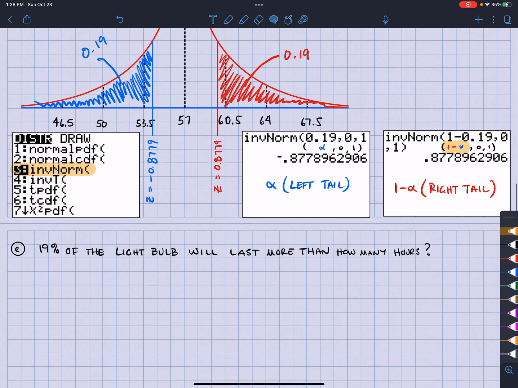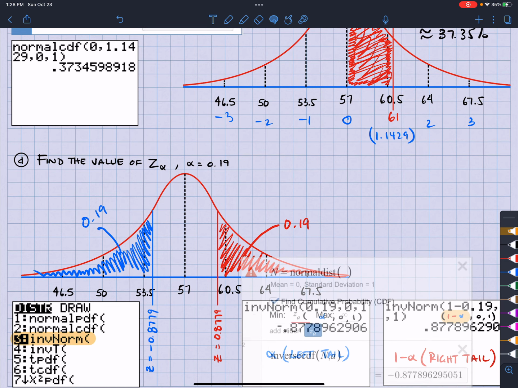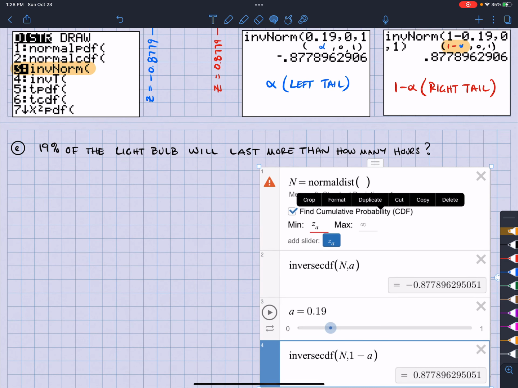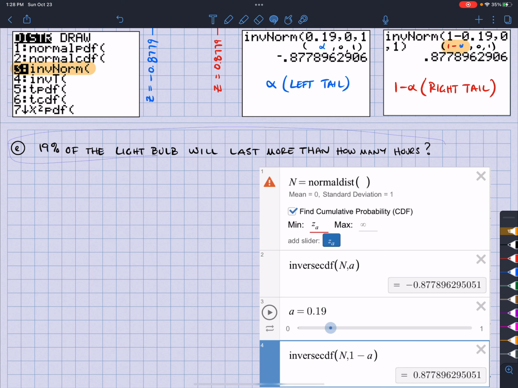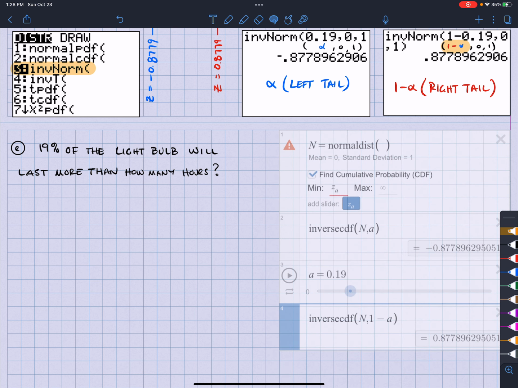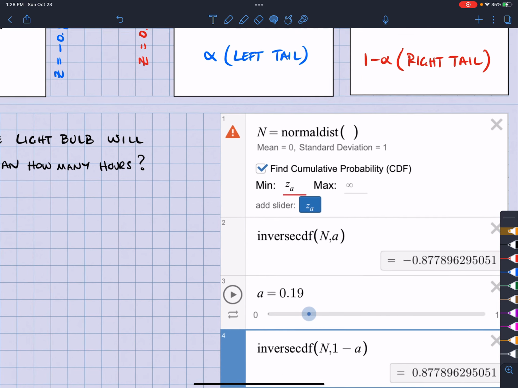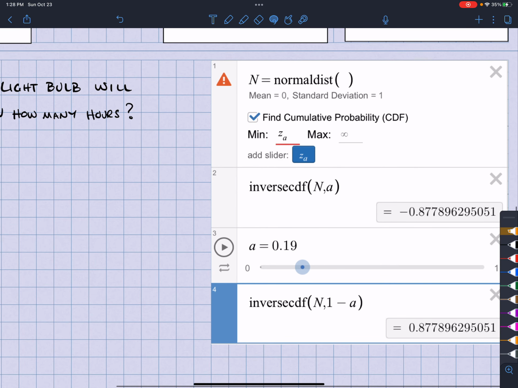I'm wondering if I have enough space here to put this down. So let's go ahead and move this question, bring it down here so you guys can see it. So for the Desmos, you've got to do a couple of things.